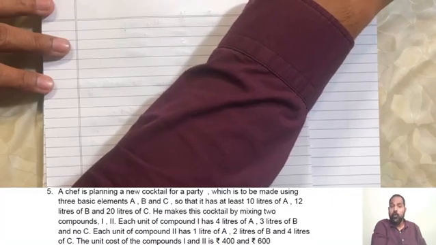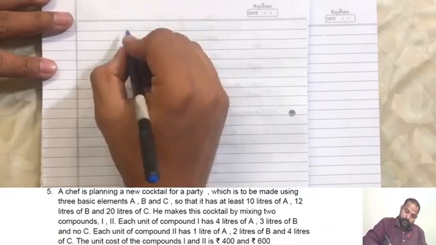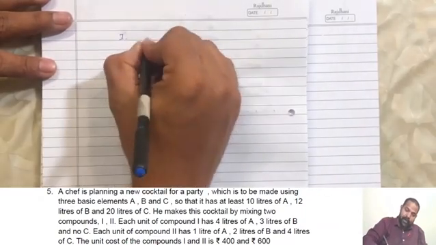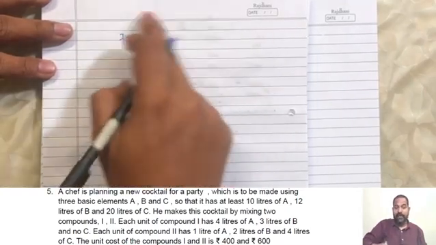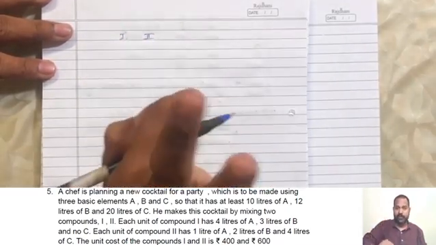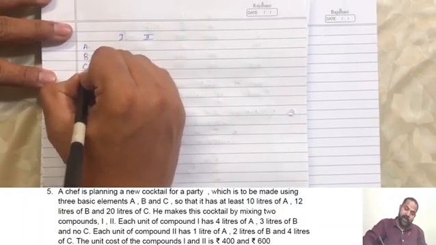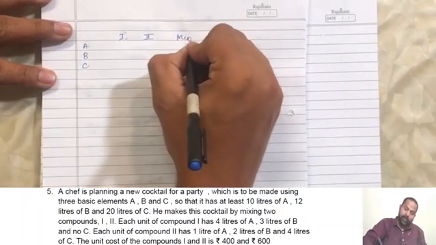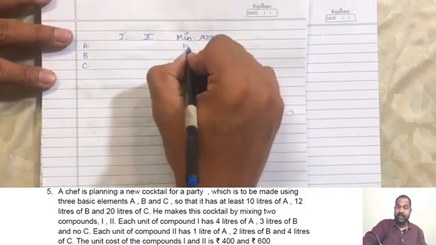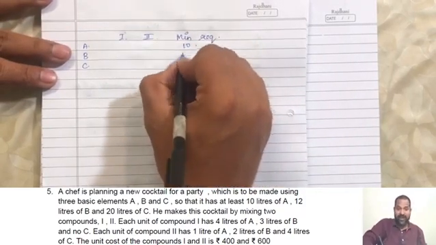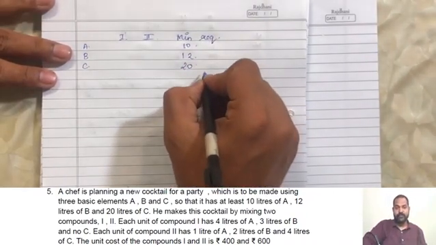Okay. Whose cost? The cost of 1 and 2, which means 1 and 2 become my variables. What is the limiting factor on 1 and 2? Well, there are 3 limitations on 1 and 2. They have 3 basic ingredients A, B and C, whose minimum requirement: A should be at least 10 liters, B should be at least 12 liters and C should be at least 20 liters.